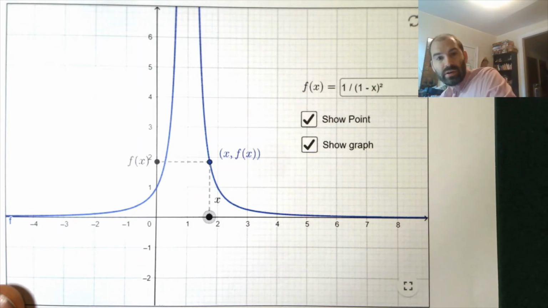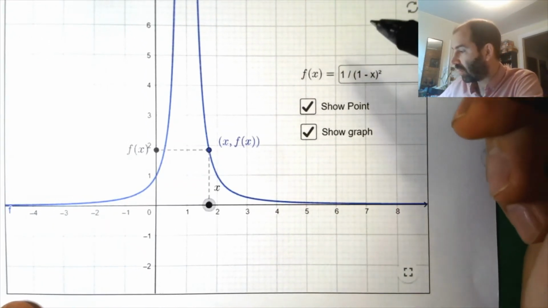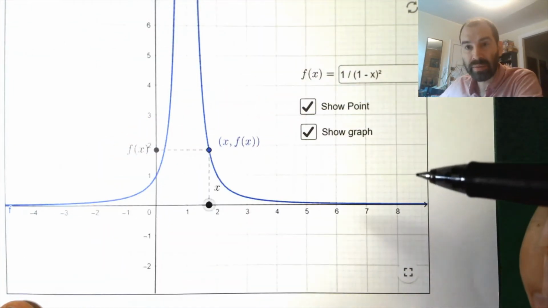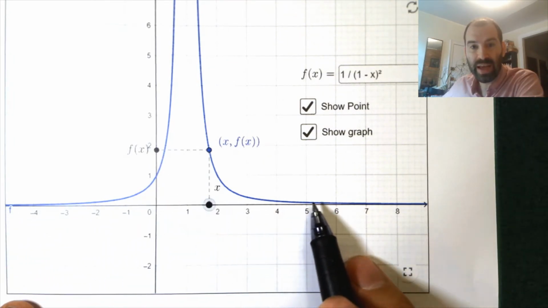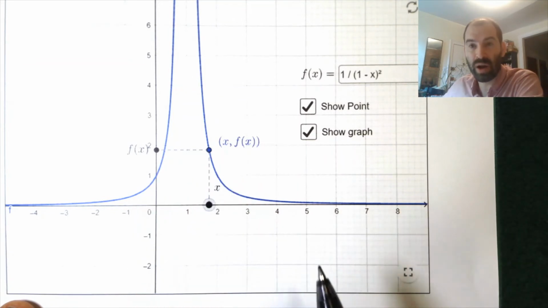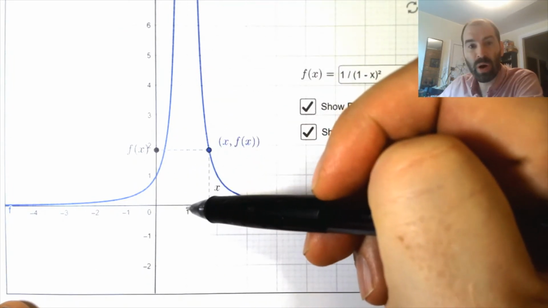And the other graph that we looked at was the graph for the function 1 over 1 minus x squared. What about its domain? Well, it looks like pretty much every value of x has the graph above it, so it has an associated y value, except for one spot. Look at x equals 1.